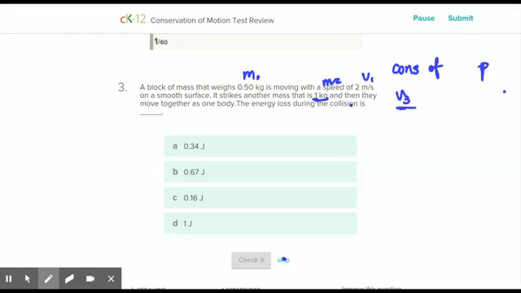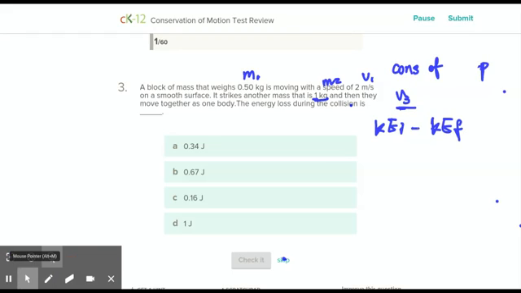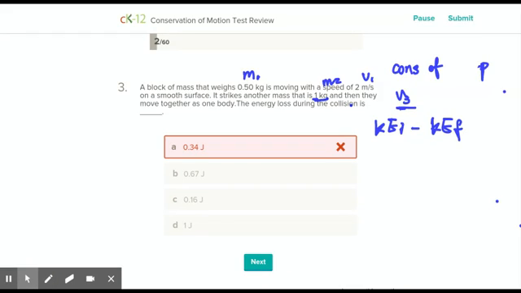That is the velocity when they move together. And then you have to find your initial kinetic energy, and then your final kinetic energy once they move together, and you subtract. Remember, the answer should be 0.67.